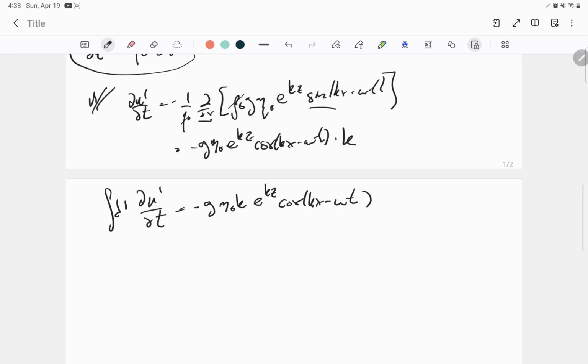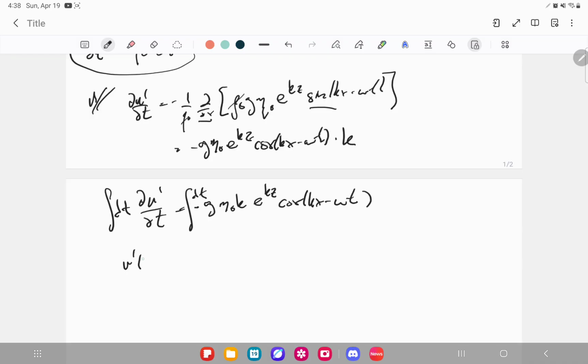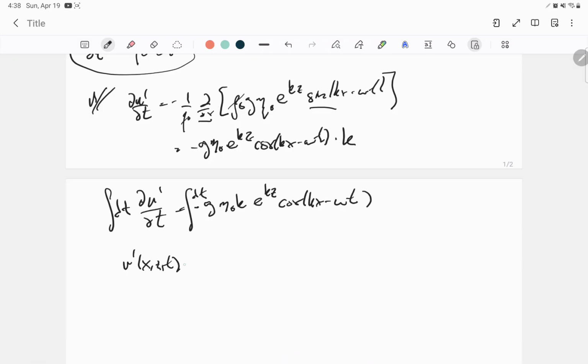So integrate both sides with respect to t. And so we get u prime of x, z, and t equals minus g eta naught k e to the kz, and then cosine turns into sine under integration.